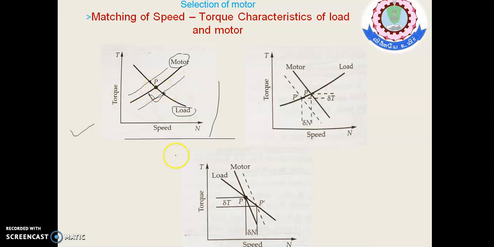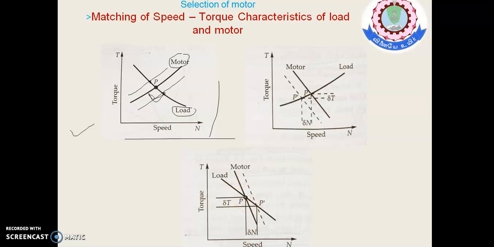So this is one of the feasible methods of matching the speed torque characteristics, but you still need to understand a few more things. Suppose your characteristics are like this, that means the 90 degree angle is reduced, and at that time also your operating point will function properly.